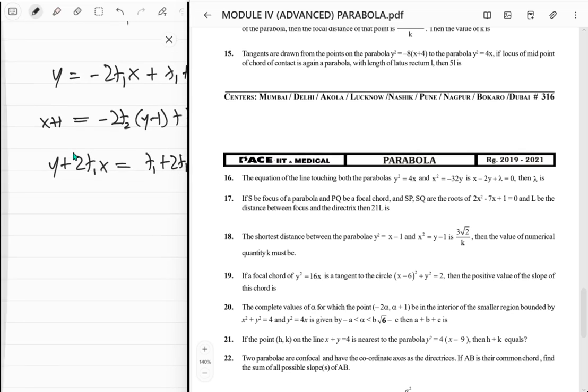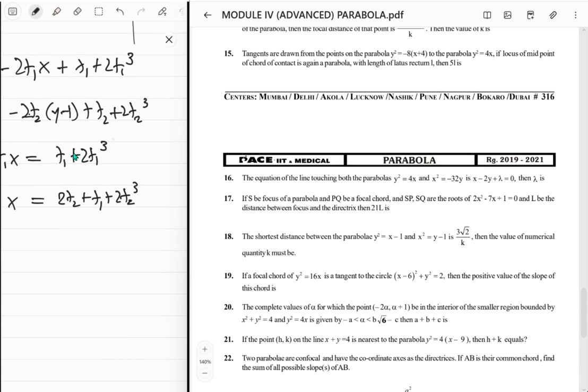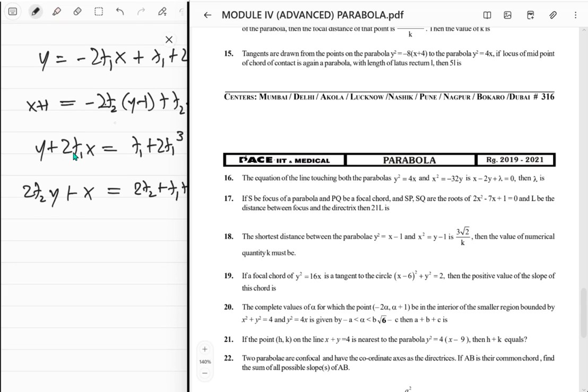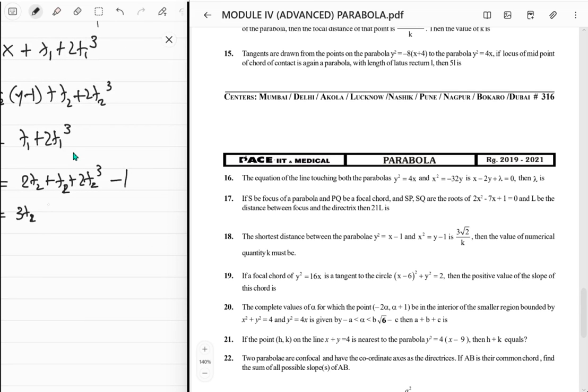This guy becomes y plus x is equal to 2t2 plus t2 plus 2t2 cubed, and then you got minus 1. Is that right? Sorry, it's supposed to be just t2, plus 2t2 cubed minus 1.